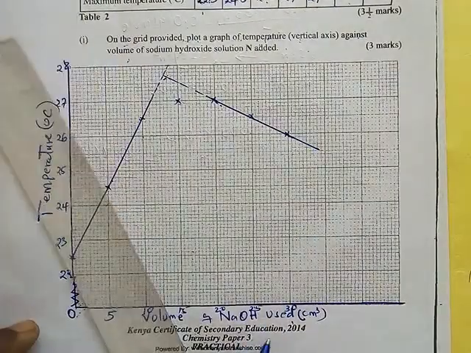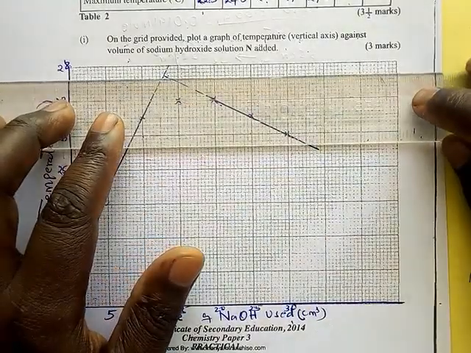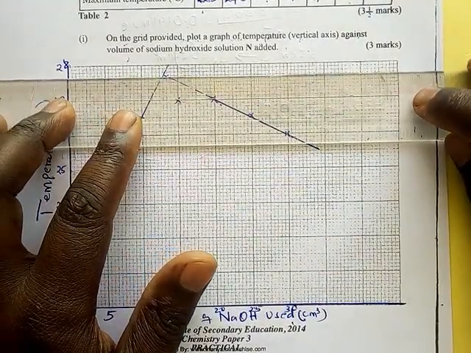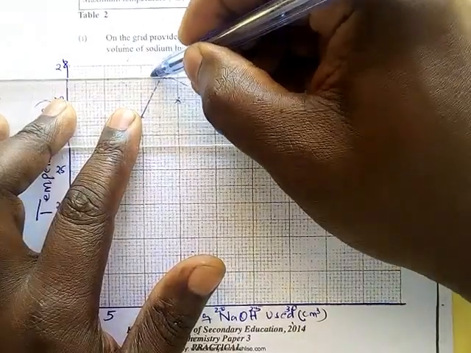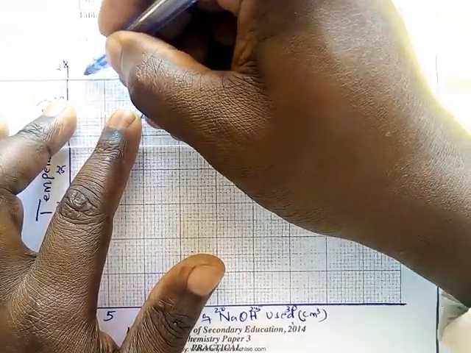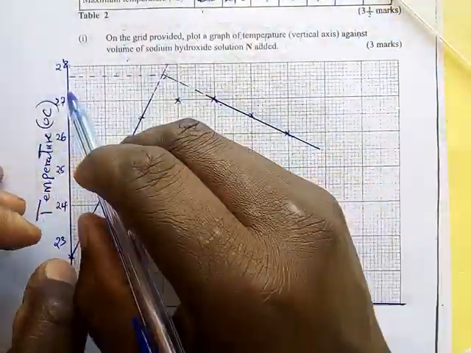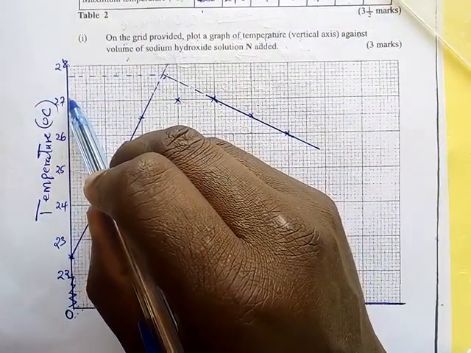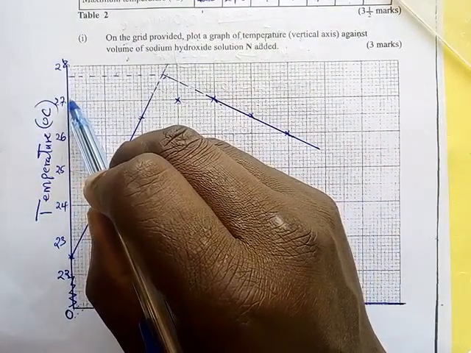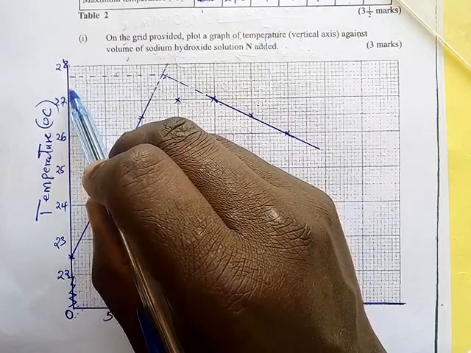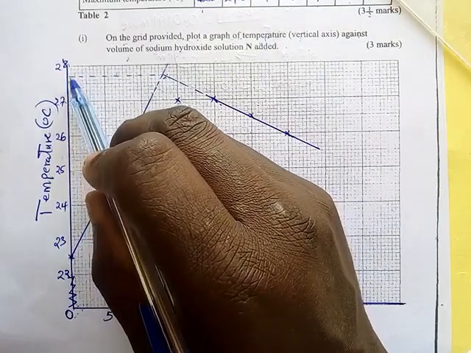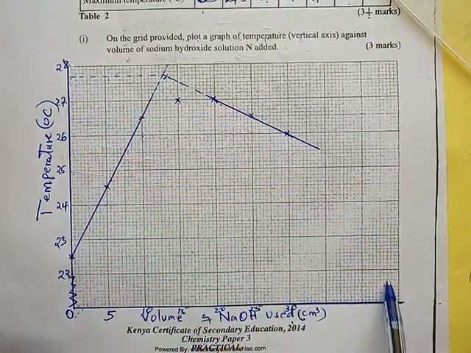Since we need the maximum temperature, we go to the temperature axis. We use this dotted line, so it means our maximum is 27.7. That's our maximum temperature.